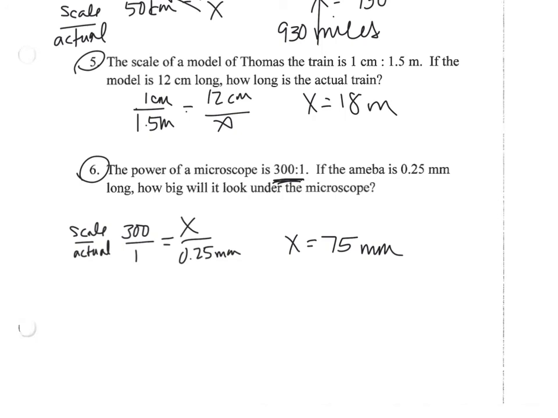That's how long it is actually in real life. So that is why the 0.25 is going to go in a denominator, because that's its actual measurement. So you're looking at how big will it look under the microscope. So that means how big is it going to be in your scale model. So when you do your math here, you're going to see that it's going to be actually 75 millimeters.